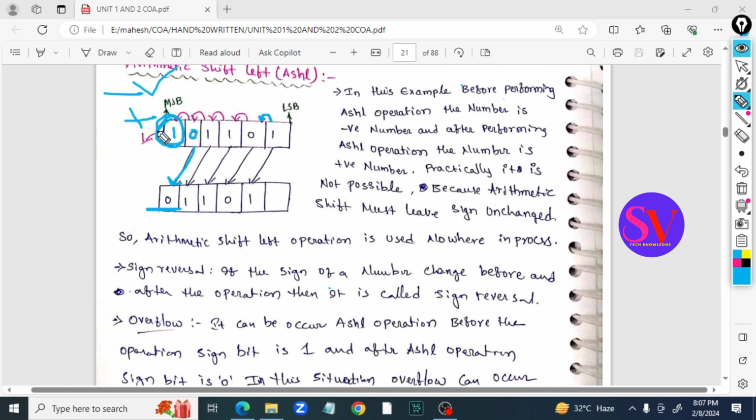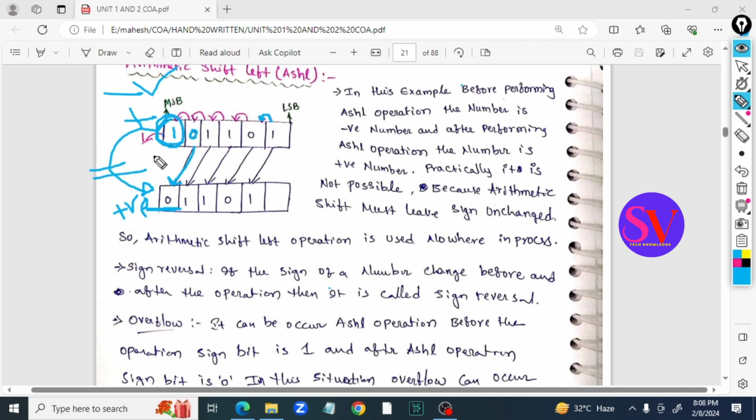But after the operation, the MSB is occupied with 0, meaning a positive number. But we have read a rule before this: the sign should remain unchanged before and after the operation, but the condition is crossed here.